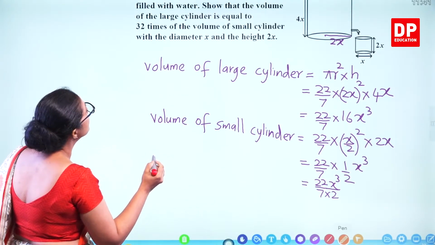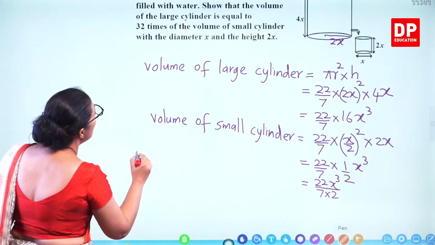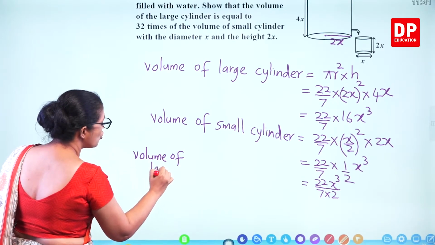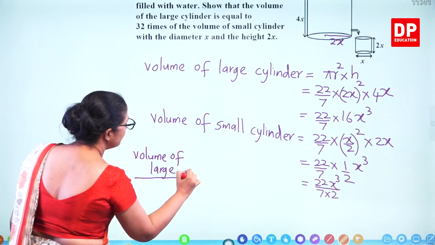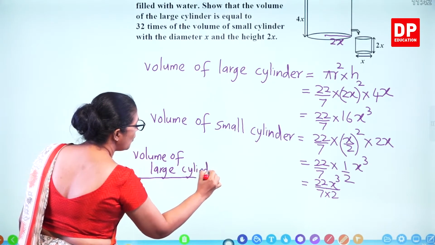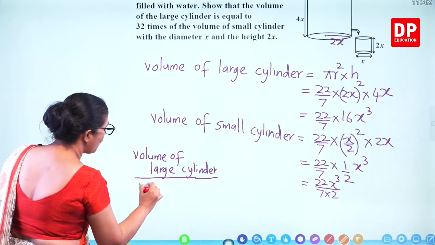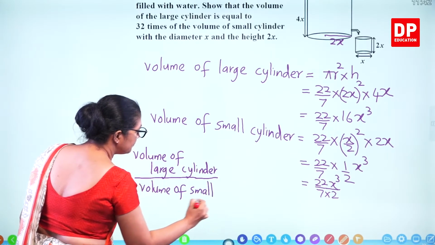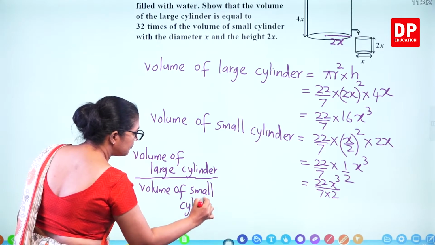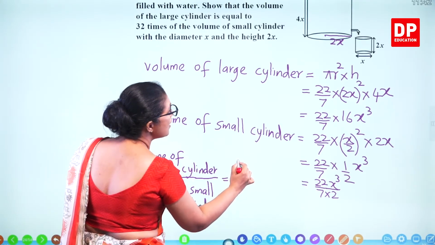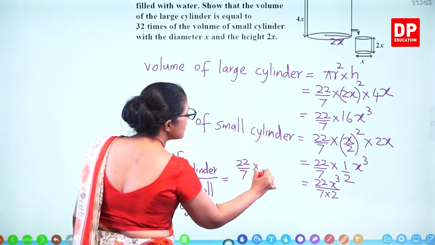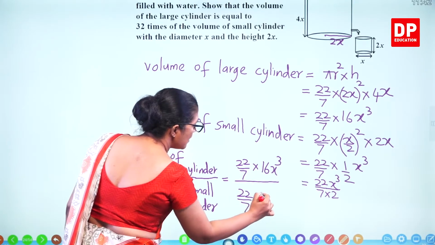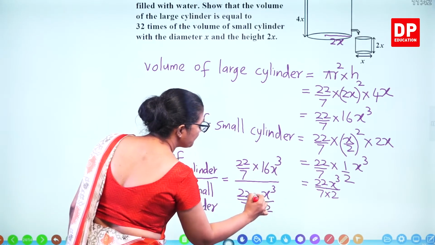So you get volume of large cylinder over volume of small cylinder is equal to 22 over 7, 16x cubed over 22 over 7, x cubed over 2.